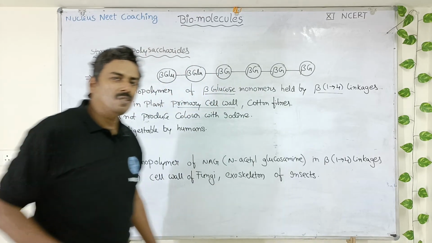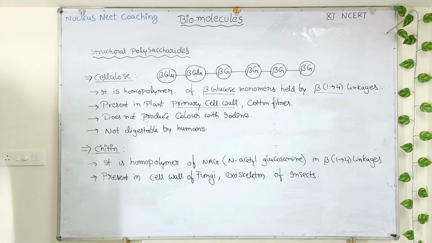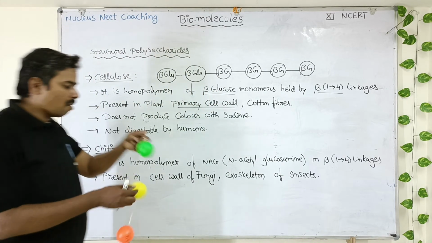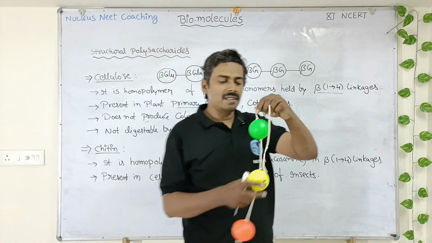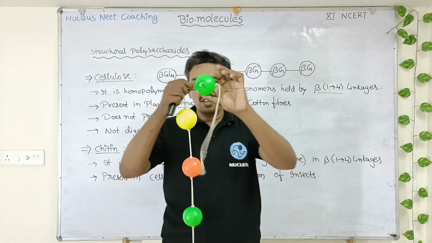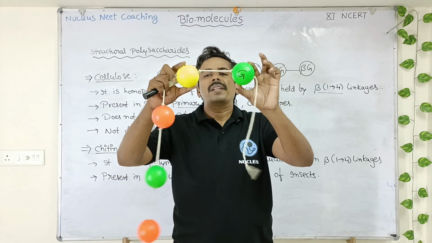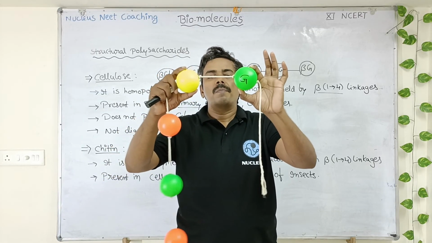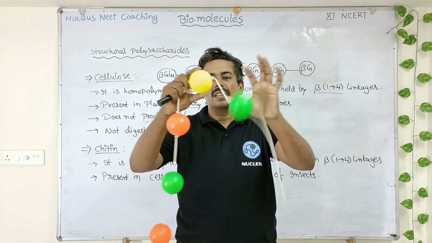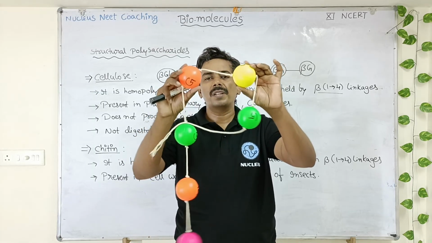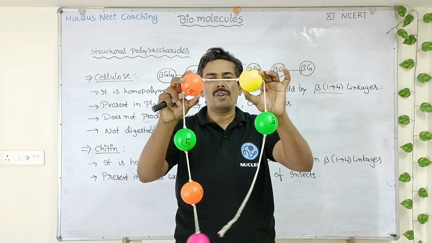Understood, students? Look here, this is the model. By using this we can understand the structure of cellulose. Each ball represents beta glucose. Two beta glucose molecules are attached by a beta 1 to 4 linkage. Again, the next beta glucose, one more beta 1 to 4 linkage.